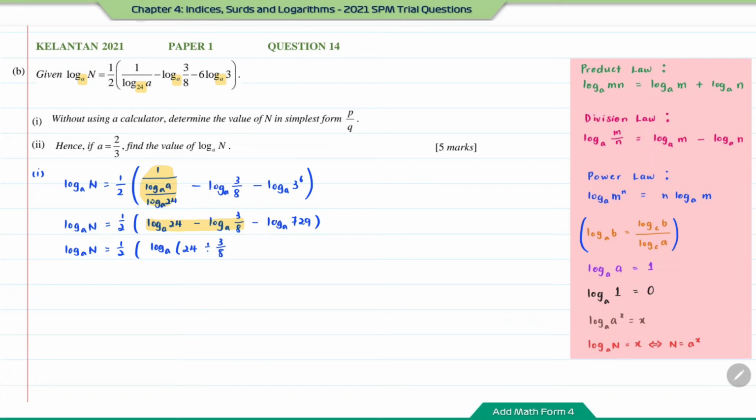So this is the same as multiply 8 over 3. So if you simplify this, 24 divided by 3, then you're going to get 8. 8 times 8 is 64. So therefore here I'm just going to write this as log base a of 64 minus log base a of 729.